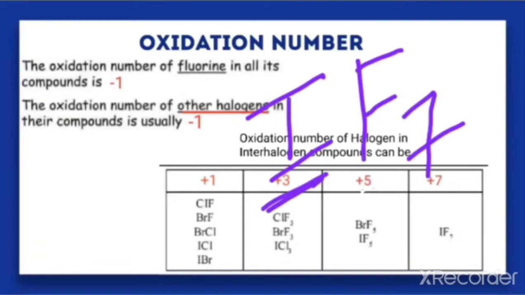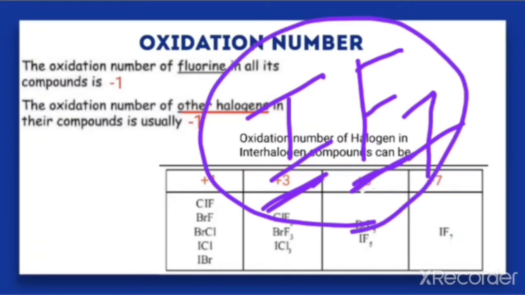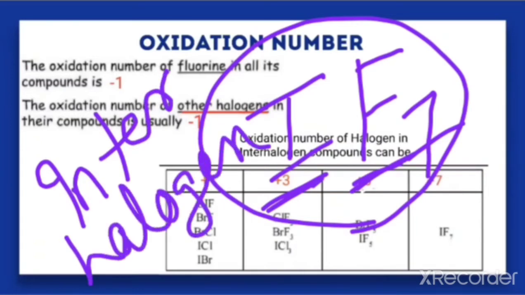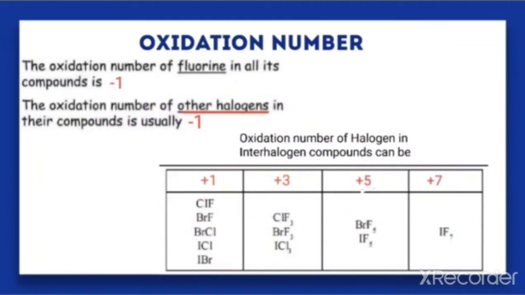Here I is also a member of group 17, F is also a member of group 17. So such types of compounds are called interhalogen compounds.